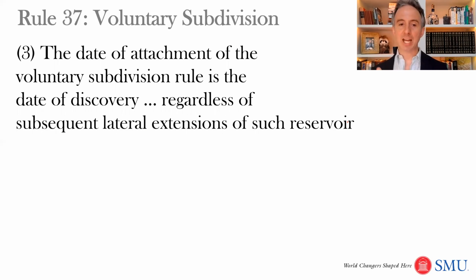The date of attachment of the voluntary subdivision rule is the date of discovery, regardless of subsequent lateral extensions of such reservoir. So the date is the date of discovery of the reservoir.